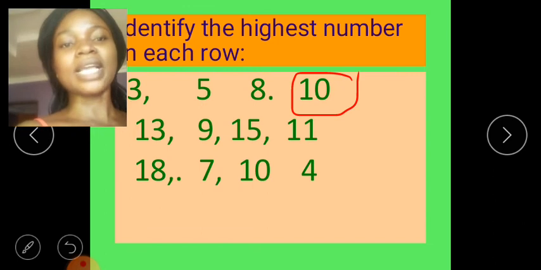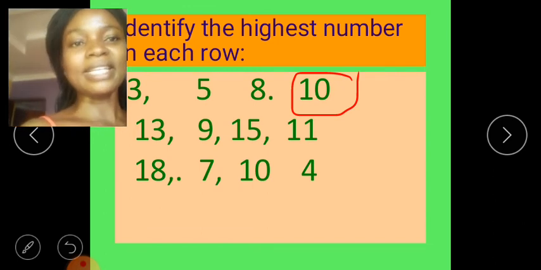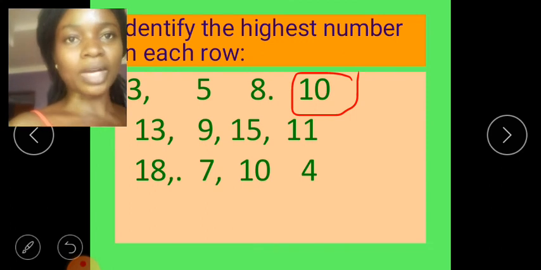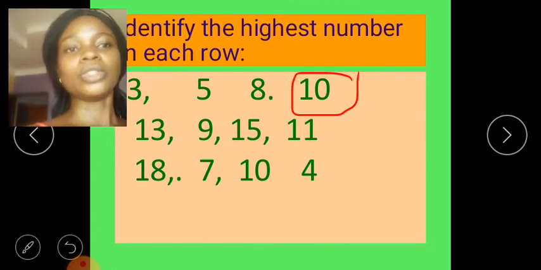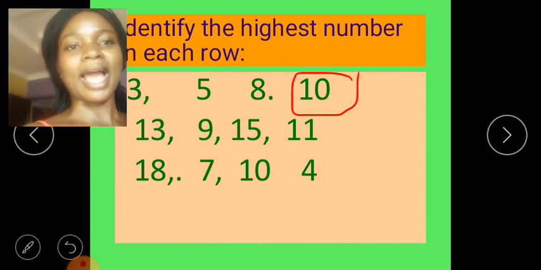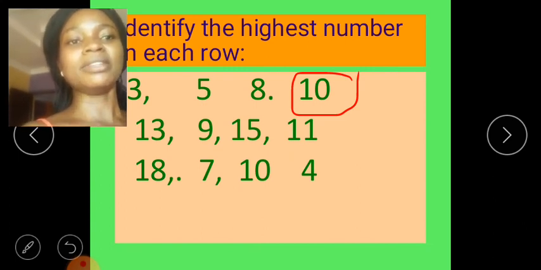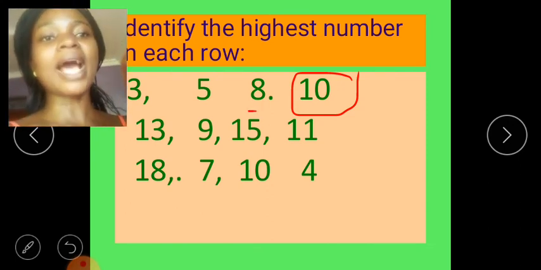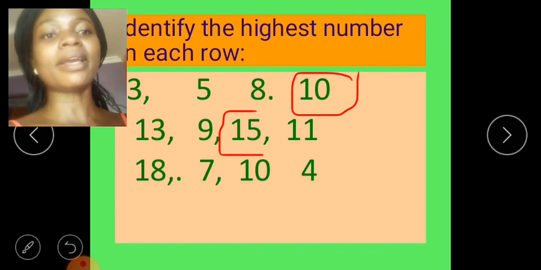Now let's go to the next one. I have 13, 9, 15, and 11. Let's count. 1, 2, 3, 4, 5, 6, 7, 8, 9, 10, 11, 12, 13, 14, 15. Oh wow! 15 is the highest number here.